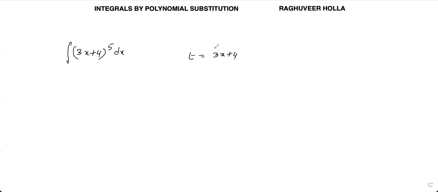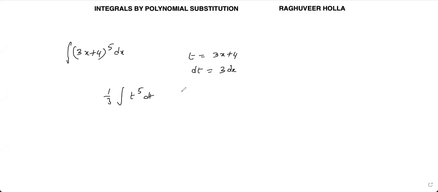When you change the variable, you are also changing the variable of integration. So dt is 3 dx, or dx is 1 by 3 dt. So this will be the integral of t to the power of 5 times 1 by 3 dt.